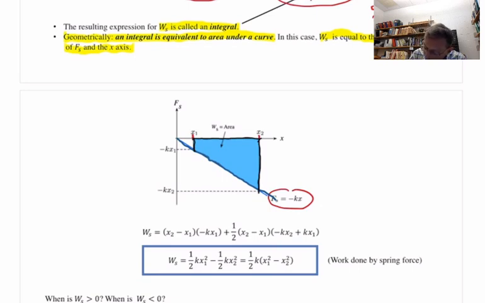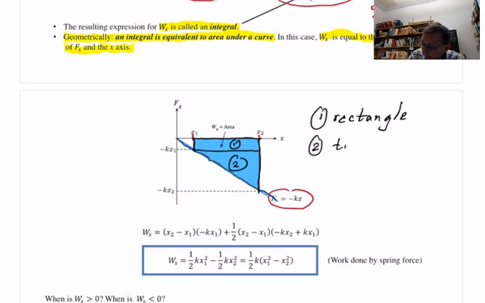Note that it's convenient to divide this area up into 2 parts, part 1 and part 2. Part 1 is a short rectangle, and part 2 is a triangle. And I just need the area of each one of those, symbolically. So that's what's going to happen next.